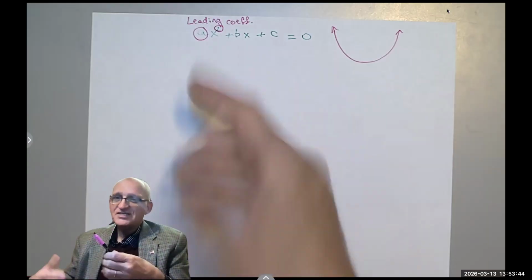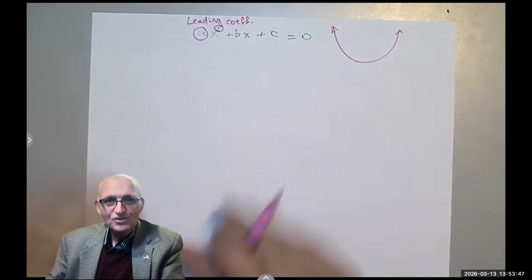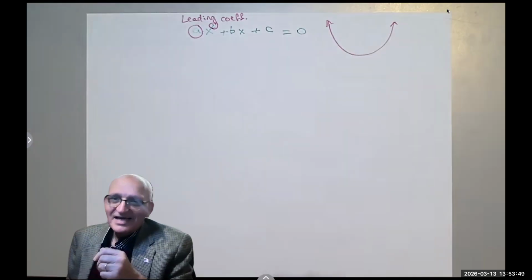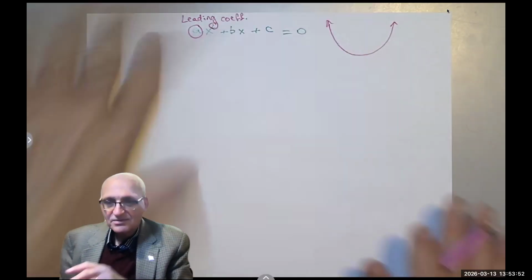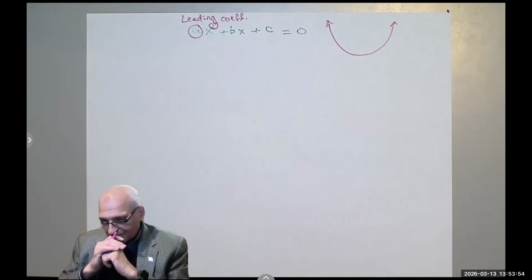So the leading coefficient is telling you whether this thing opens up or down. If the polynomial degree is odd, we are not going to talk about that. Maybe you'll wait until Algebra 2, where I have explained that in detail.